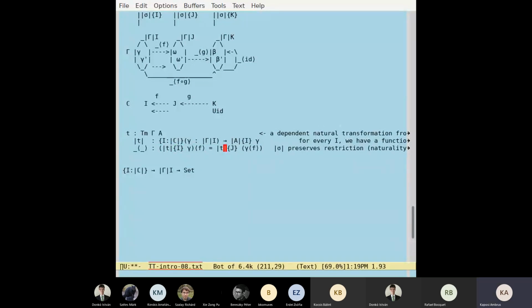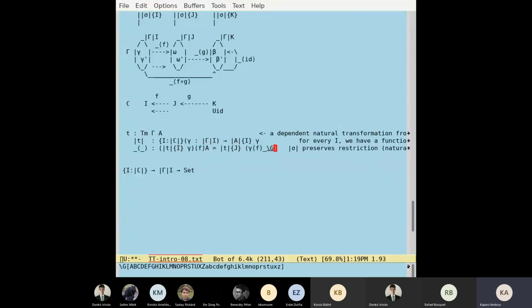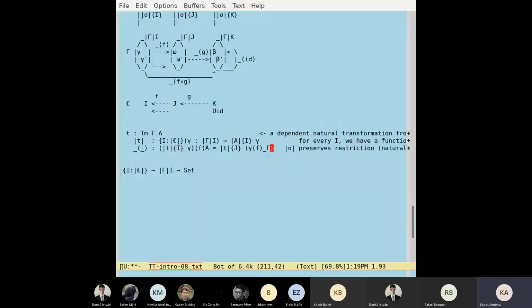And this equality makes sense, and it again depends on the restriction at A and the restriction at gamma, right? So here I use the restriction at A. This restriction is at A because T of gamma is in A, and I can restrict it in A, or I can restrict it in gamma. So here I restricted it in gamma.